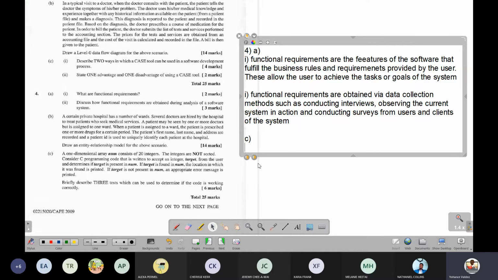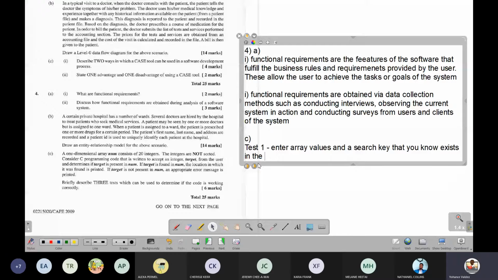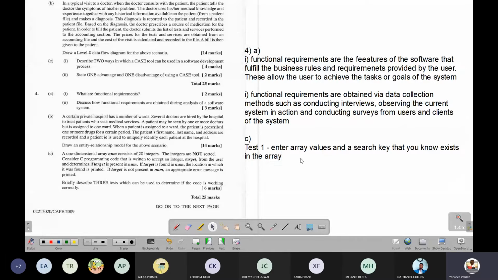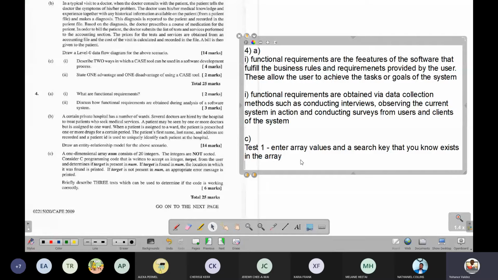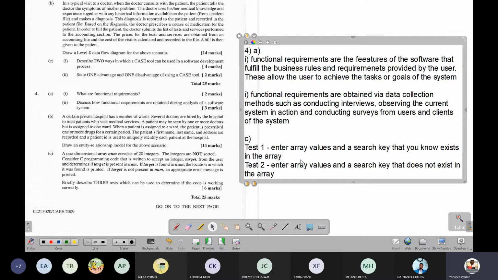So I would say to do like 3 tests. Test one would be to enter array values and a search key that you know exists in the array, right? And then test 2, enter array values and a search key that does not exist in the array.